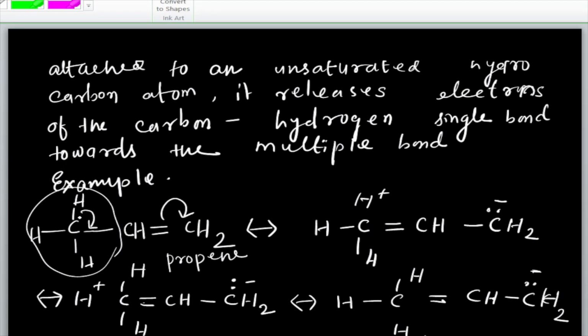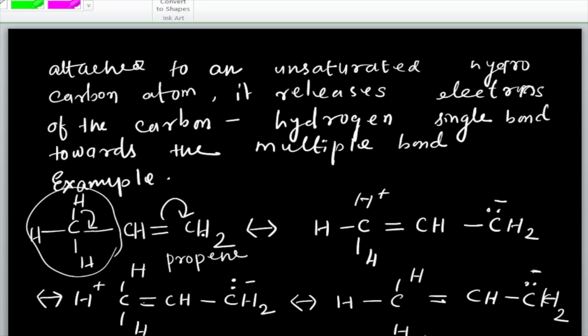What happens here? A pair of electrons of the very strong sigma bond is localized to the next bond, towards the multiple bond, this side only. Then what happened? H plus remains as a free one. See here H plus. Now there is no bond because due to hyperconjugation this electron pair is released towards this carbon and this carbon, so it is having a double bond.